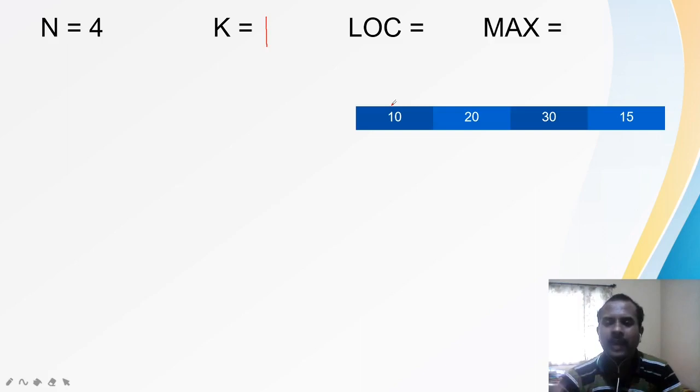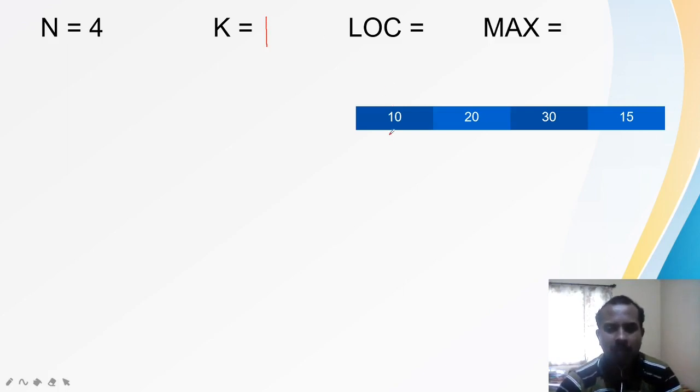Now we are going to find the largest element in the array. First, what we are going to do? First, we are assuming the first element is the largest. Then we are comparing that with the other elements, right? Same thing. Let us do the same thing here. Let me make k equal to 1.